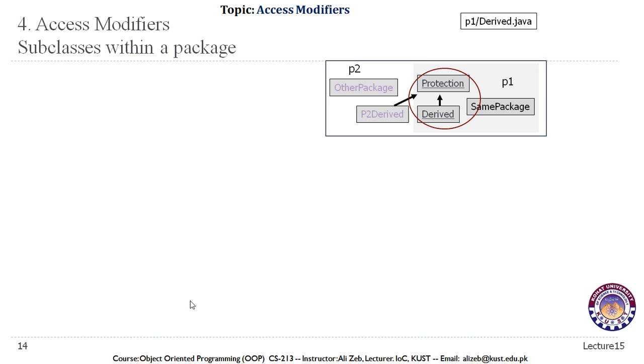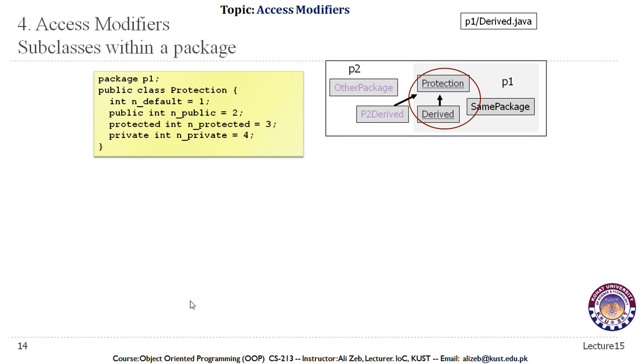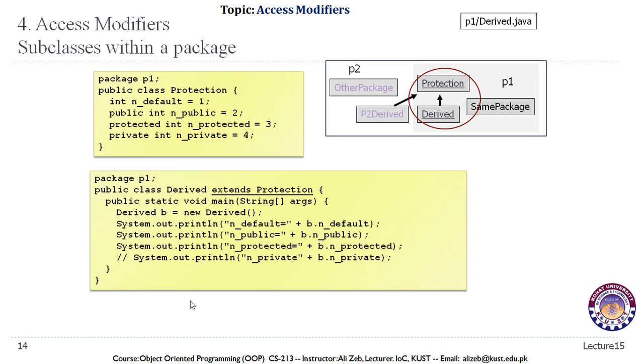There is another class in a separate package p2 that is also derived from the Protection class. The package p1 has public class Protection, and it has a default variable, a public variable, a protected variable, and a private variable, each an integer.